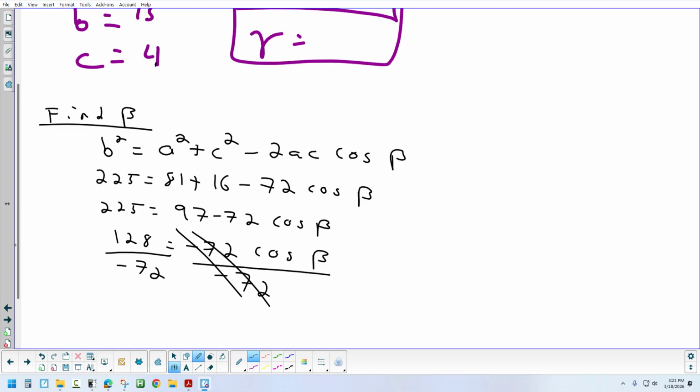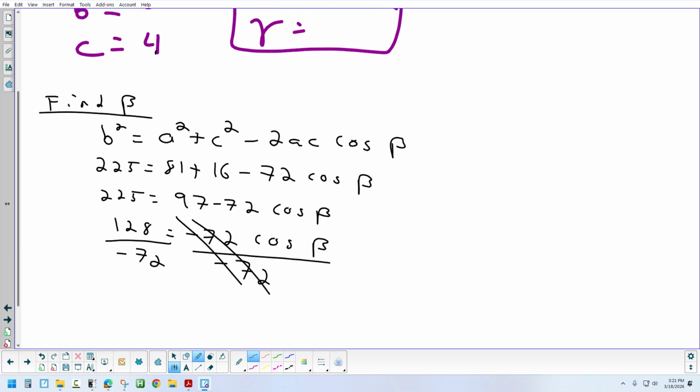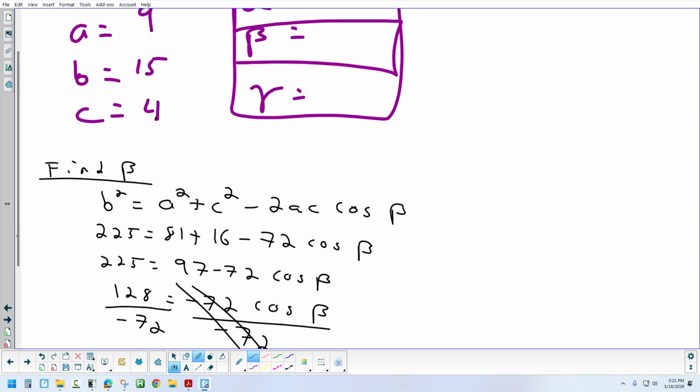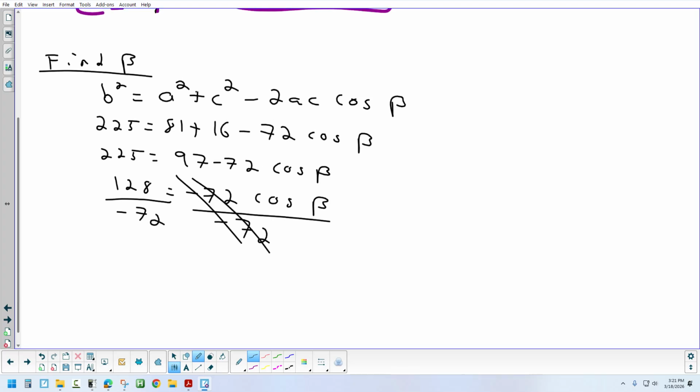Beta is going to be negative. Just because that's a negative, it doesn't mean that the angle is going to be negative when we do inverse cosine. Plus, if it was a negative angle, that would be kind of odd in a triangle. Anyone else notice anything here?